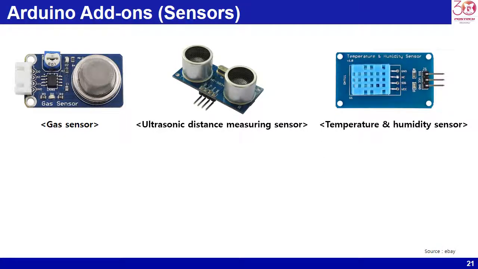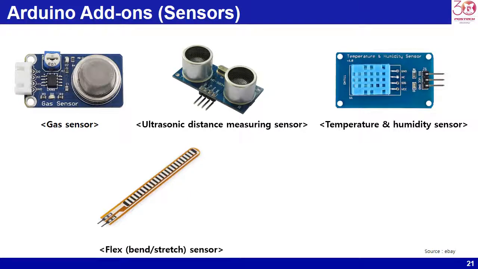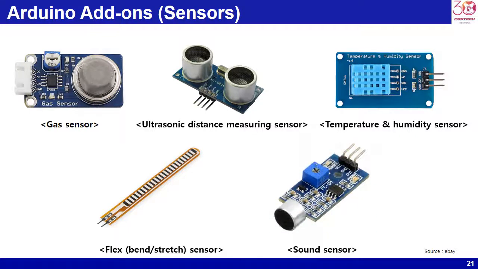You can use the temperature and humidity sensor to measure the current temperature and humidity. You can measure the degree of bending or curve using the flex sensor. You can also use the sound sensor to detect ambient sounds and measure their strength.